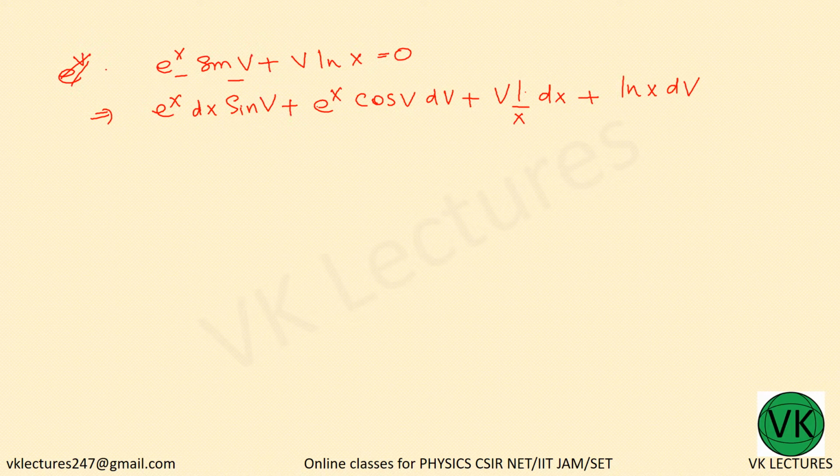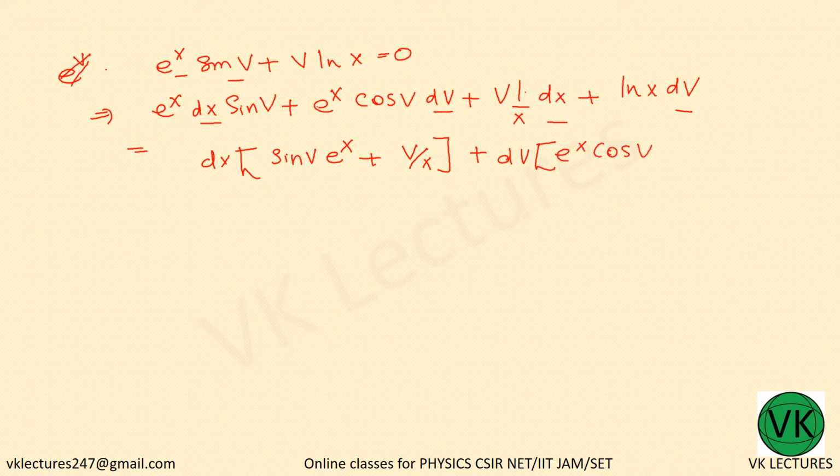Correct. Now bring the dx terms together. Here you have one dx term, here you have one dx term, so dx into sine V e to the power x plus V by x, right, plus you have the dV terms together, let us bring that, dV times e to the power x cos V plus log x, right.